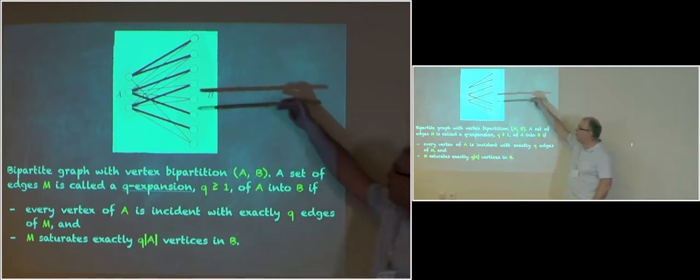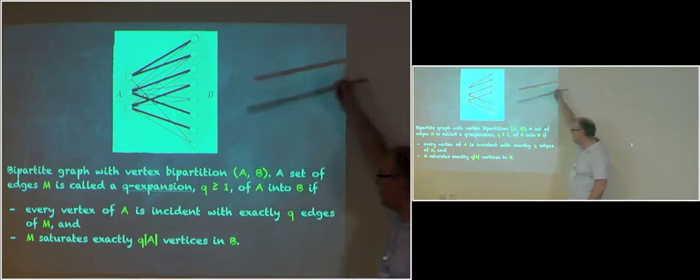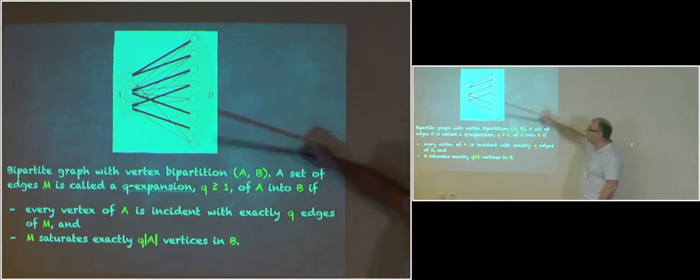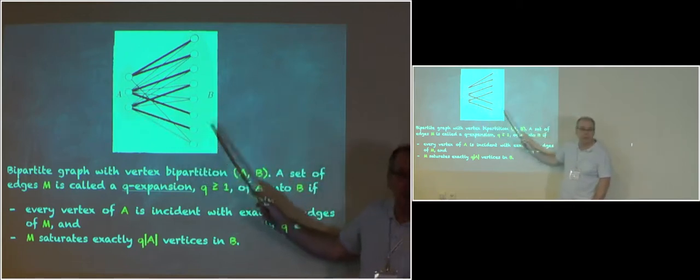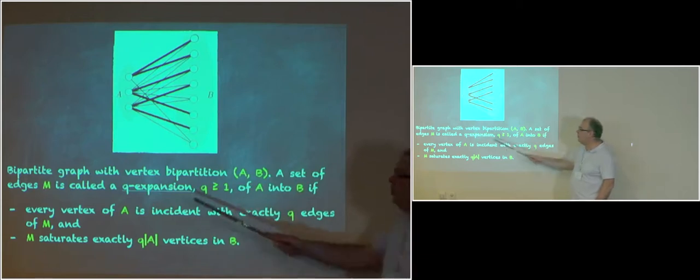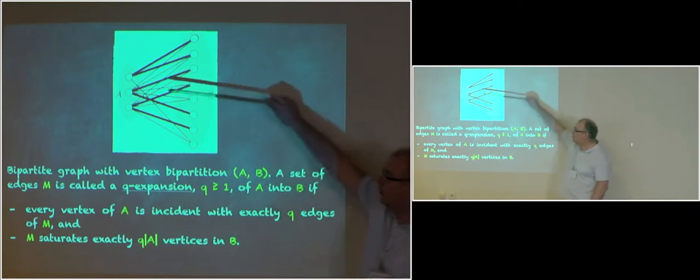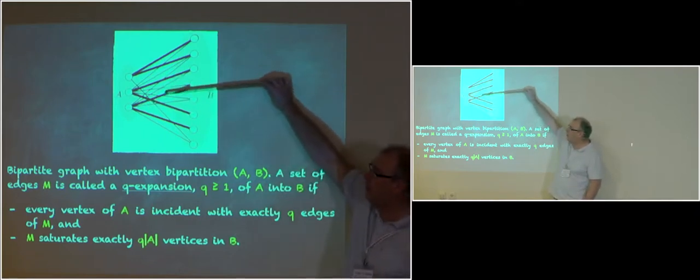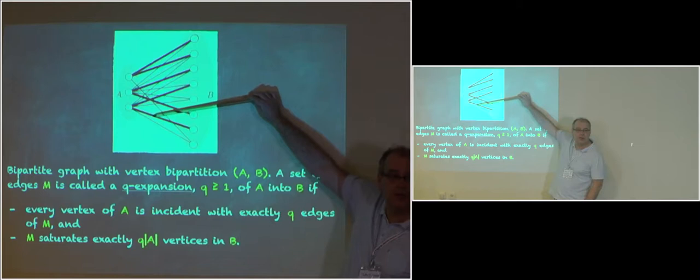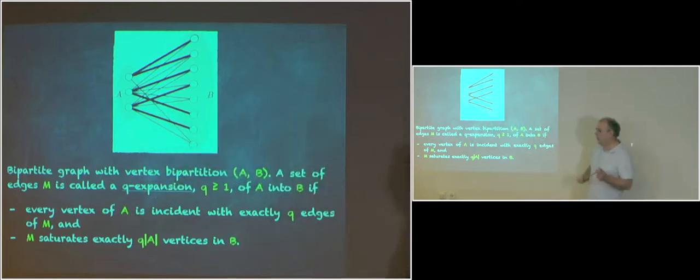I have a bipartite graph with bipartition A and B, and I have a set of edges M going from A to B. I say that this set of edges is a Q-expansion of A into B, where Q is some integer, if every vertex from A is incident with exactly Q edges of M, and M saturates exactly Q times A vertices in B.